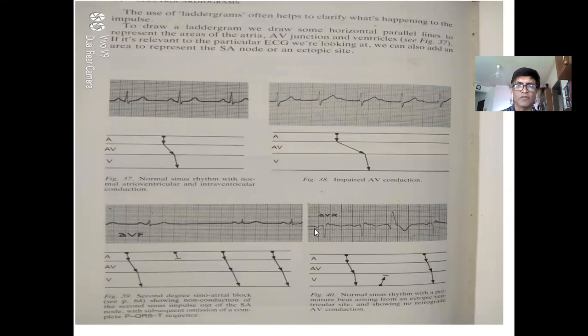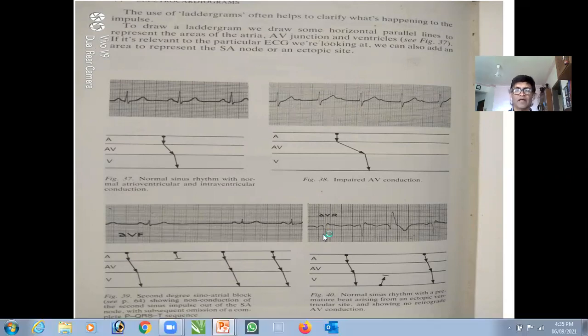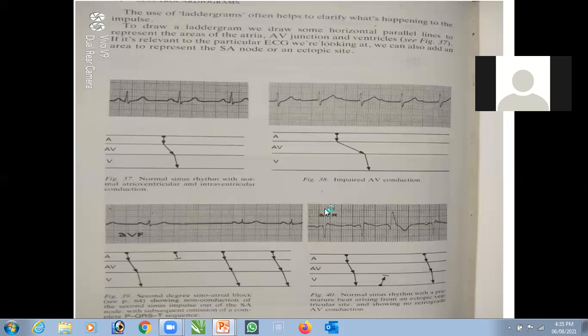It is AVR. Do you remember? Why is it inverted in AVR? I had explained it well. The direction of the current is on the opposite side. Correct? Very good. That is why the P will be inverted. It is a mirror image of lead AVF.